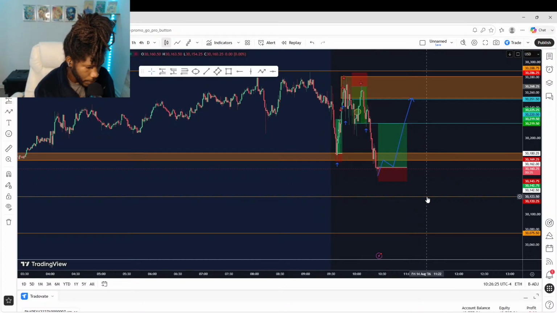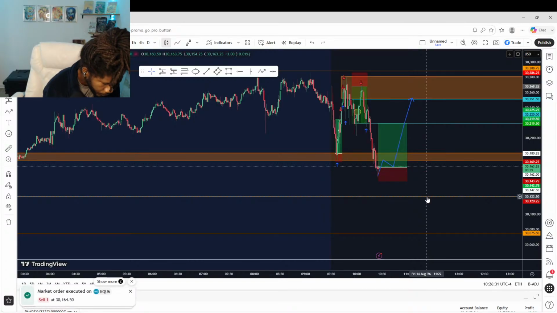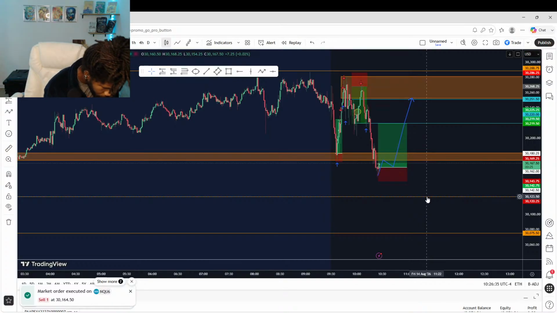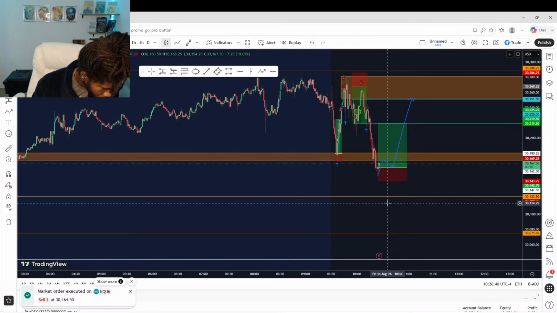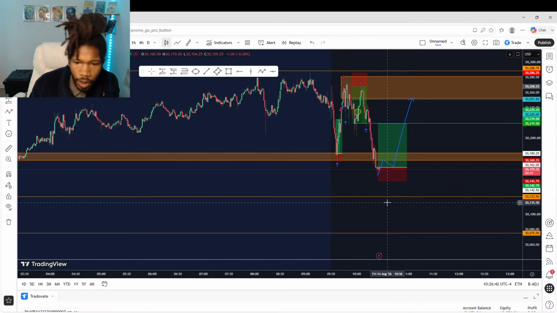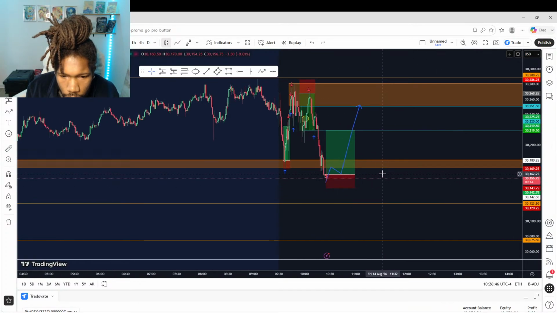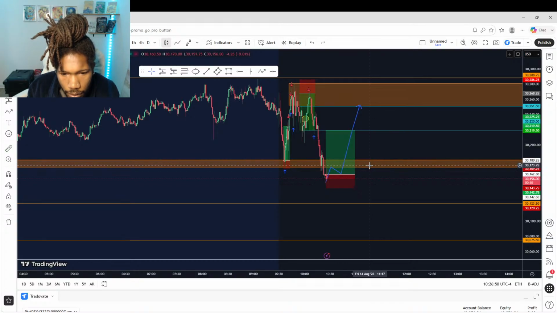All right, we're just watching the market. See if this analysis plays out. There was a break in the close. You see, we're getting these wicks off of this order block for the 5 minute.